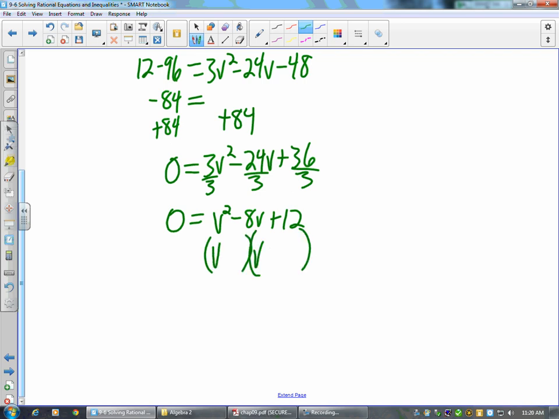I believe a 6 and a 2 make 12, so we want both of them minus: 6v minus 2v is 8v. Yep, okay. So if that equals 0, then I can say v has to equal a positive 6 or a positive 2. So those are my two answers.